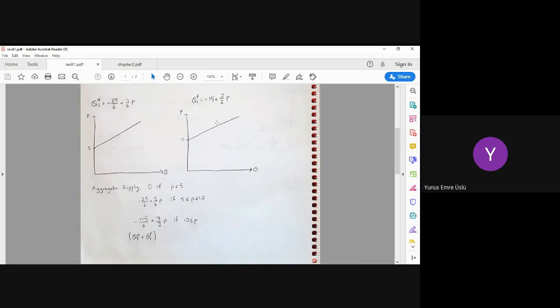So there is a trick here. How do we find the aggregate supply? If the price is less than 5, both domestic and foreign suppliers don't produce, because it will be negative. So if the price is less than 5, the total supply is 0.